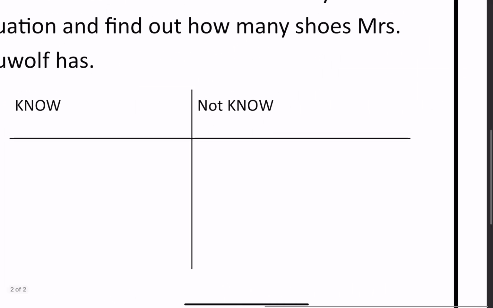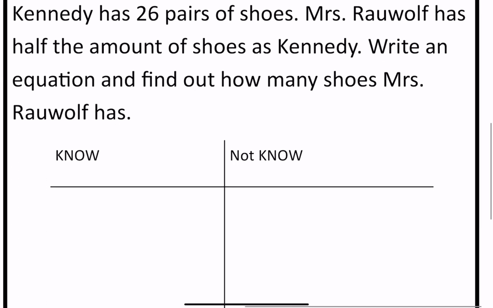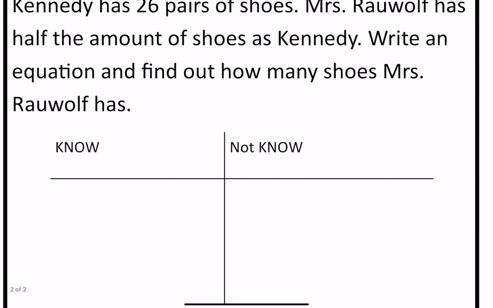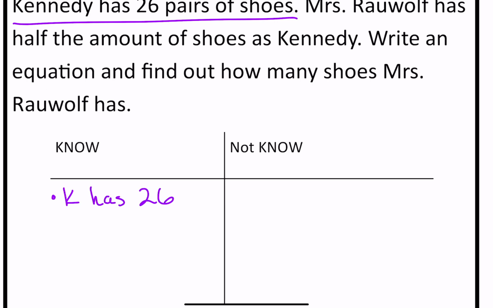So in the next one, we have Kennedy has 26 pairs of shoes and Miss Rawolf has half the amount of shoes as Kennedy. Write an equation to find out how many shoes Miss Rawolf has. Well, we know Kennedy has 26, so I'm going to write K has 26, K for Kennedy. Miss Rawolf has half the amount of Kennedy's shoes.